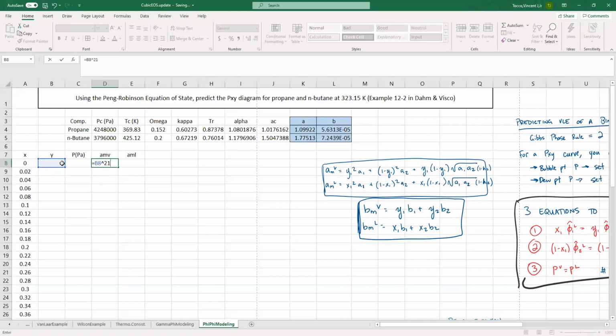So y1 squared times a1, plus 1 minus y1 squared times a2, plus y1 times 1 minus y1 times sqrt of a1 times a2.